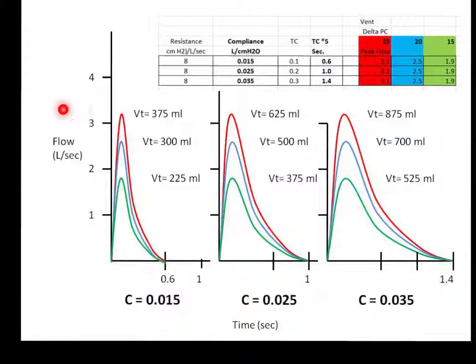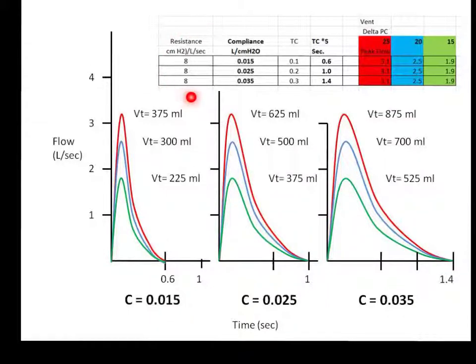All right? So that's simply what's occurring in this rather complex diagram. So I've established larger pressure gradients here in the red. I've kept the resistance and compliance all the same. So if we look carefully at that, you can see I've got a certain tidal volume. All right? And as I adjust the pressure control level, I'm going to change the tidal volume established and that peak inspiratory flow. But my TI dynamic does not change. So when I change the pressure control level, for most of my patients, their compliance is going to be constant.